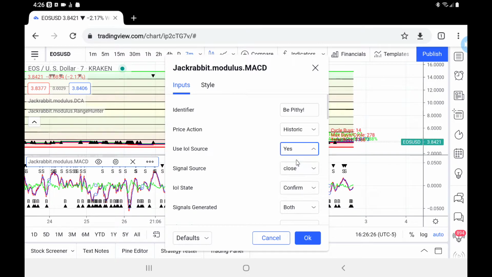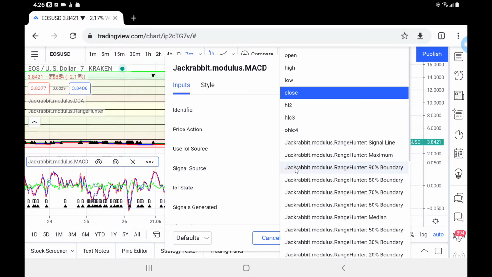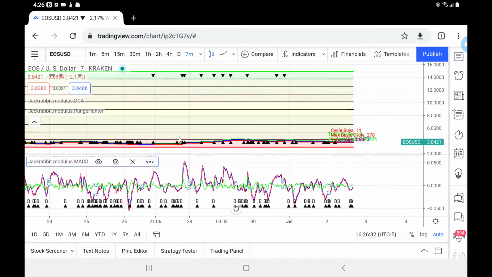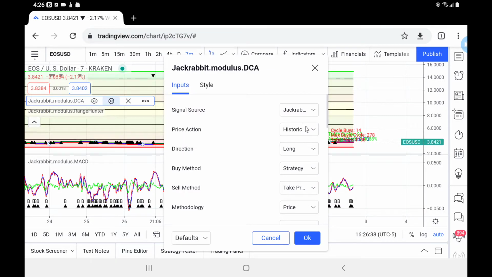And now Range Hunter. And now I want to link the DCA module to MACD.